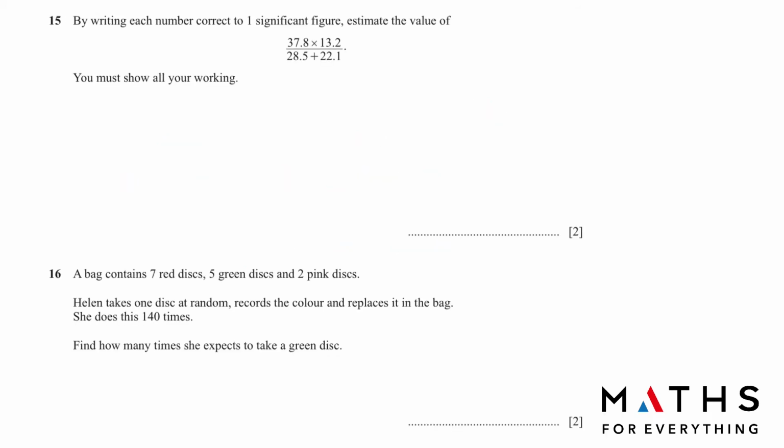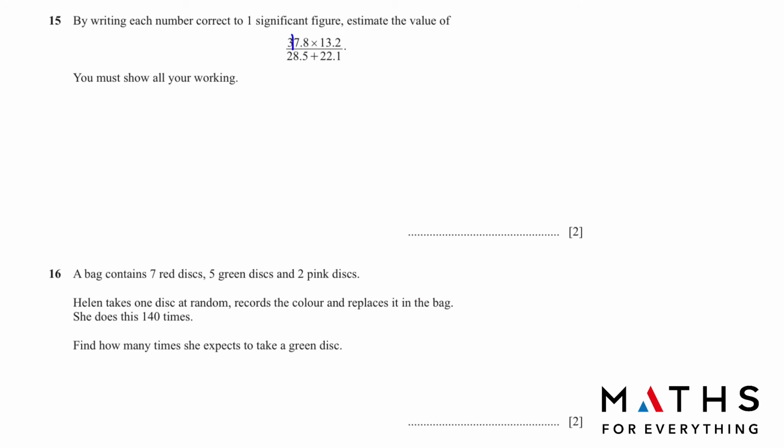In this question, we have to write each number correct to one significant figure, estimating the value. So 37.8, we have to round it to one significant figure, that is to the 10th place. Look at the number after the place you want to round.